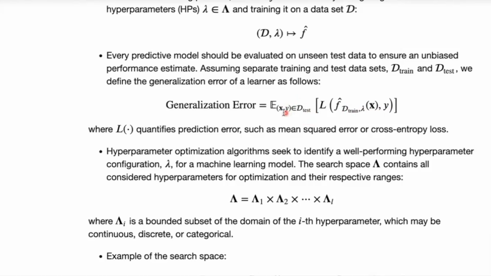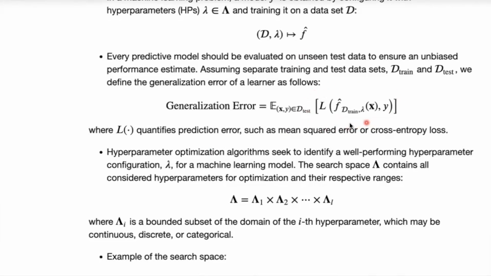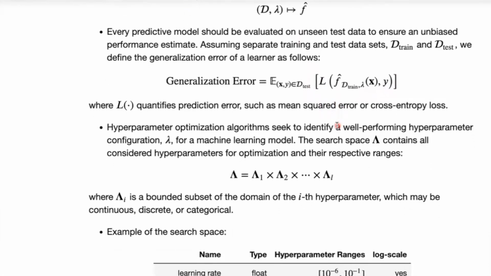In general, you would like to find the expected value, but if you have a finite data set, then you replace this with an average. And in this case, this L quantifies the prediction error, such as mean squared error or cross entropy loss, and therefore the goal is to minimize this as much as possible, to find the smallest possible value for generalization error.